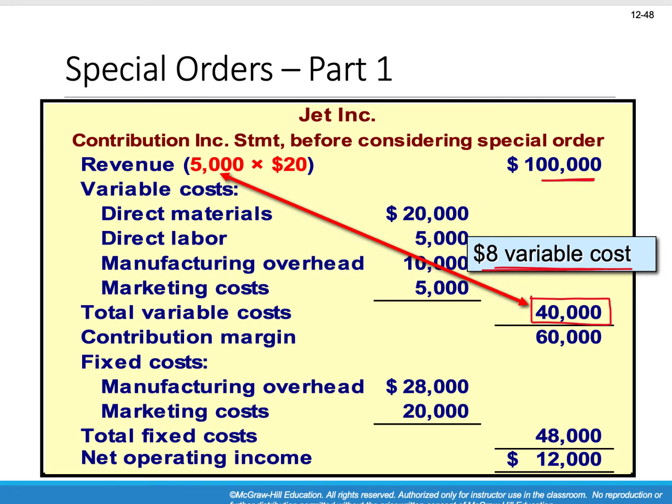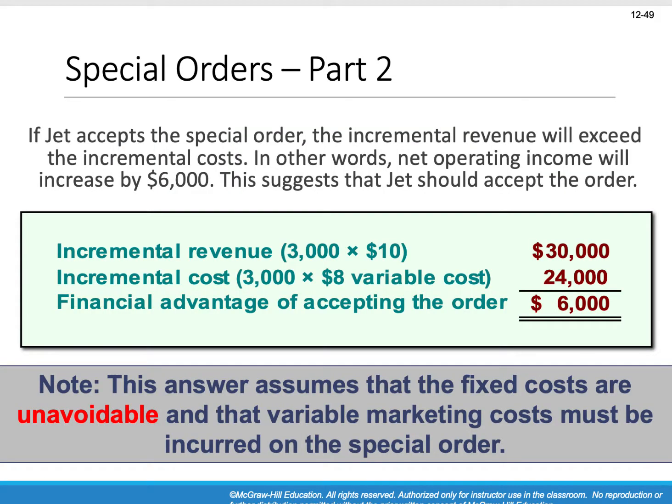So we need to determine the incremental revenue and the incremental costs, right? So think about it this way. Our variable costs, we remember from way back when, we know how they behave. On a per unit basis, they remain the same. However, in total, they change in direct proportion, right?